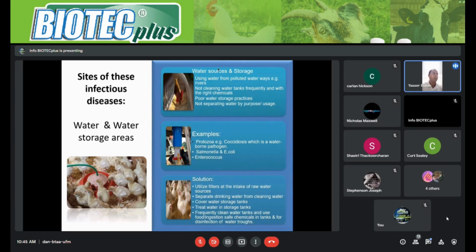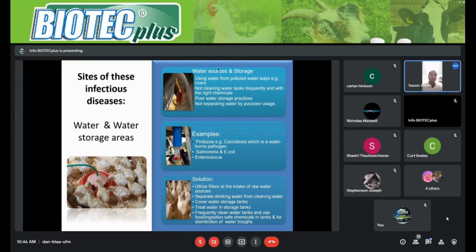So moving back into the water and water storage areas, the water sources and water storage. Remember, using water from any polluted water areas, for example rivers or ponds. I don't think we have really lakes in Trinidad, but rivers and ponds and just general water sources.